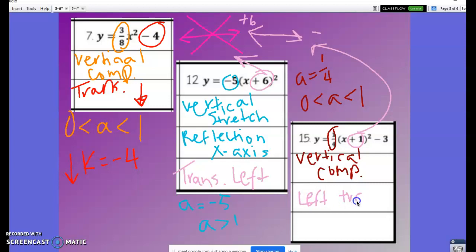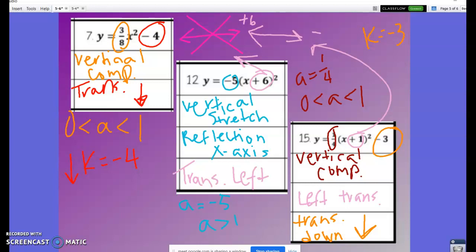So it's a left translation. And then lastly, the -3 at the end is a k value. And if our k is negative, it tells us to shift down 3 units. So it's a translation downwards.